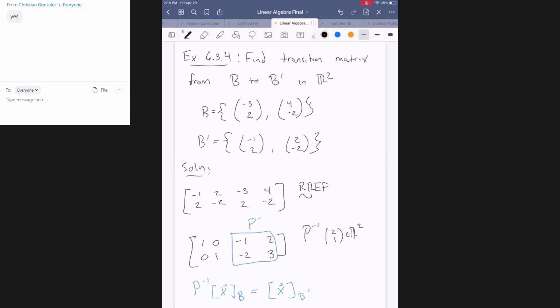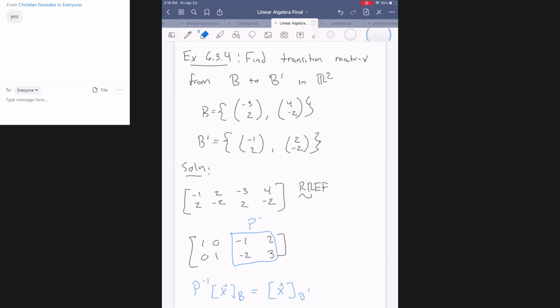Is the coordinates there in the B basis? No, this is just in the standard basis, right? So to find this one in the B basis, I would have to first do C1 times -3, 2 plus C2 times 4, -2, and then solve for your C1, C2, and then that new vector is in your B basis, and then you can multiply P inverse on it. So that doesn't mean I can just take the vector and multiply it. It doesn't work like that.